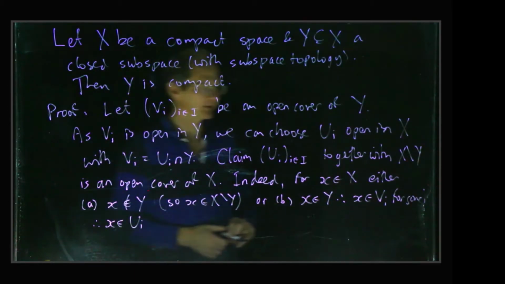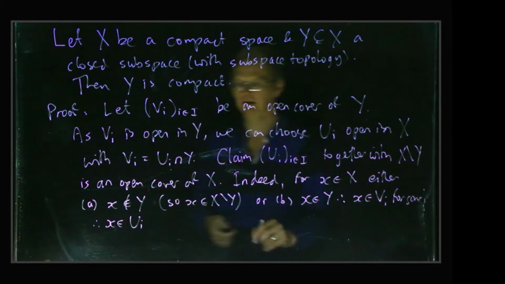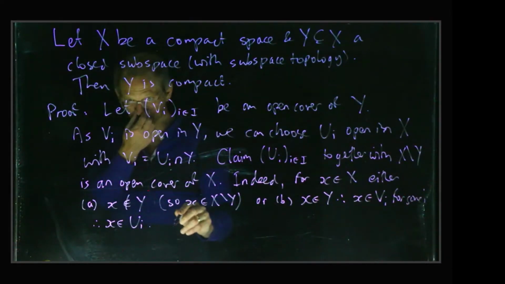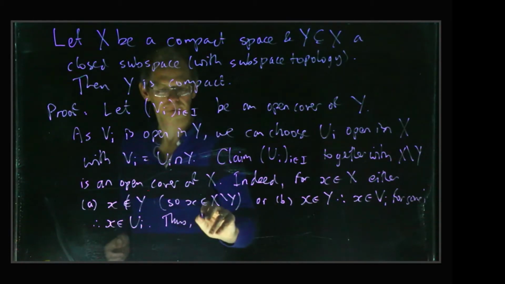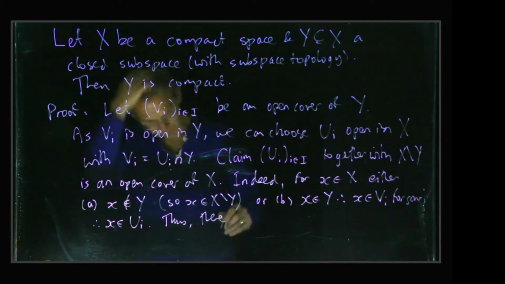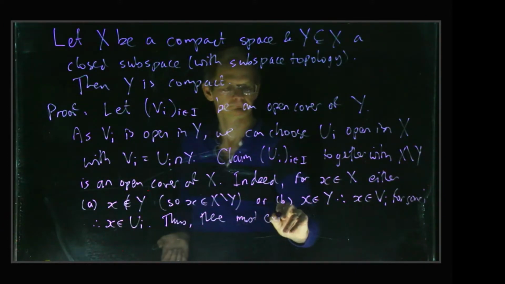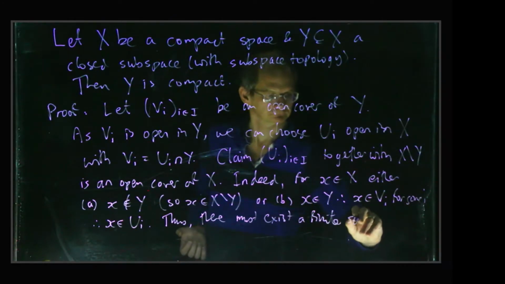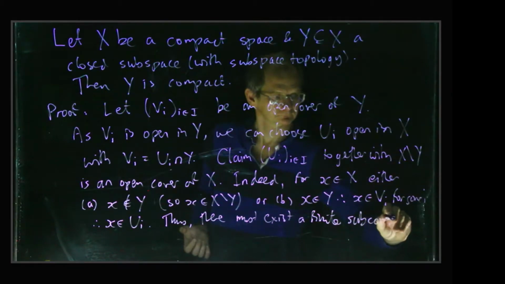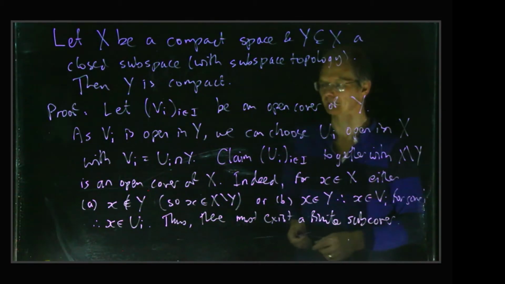But that means x lies in U_i, because V_i is a subset of U_i. So now we've got an open cover of X, so there must exist a finite subcover.